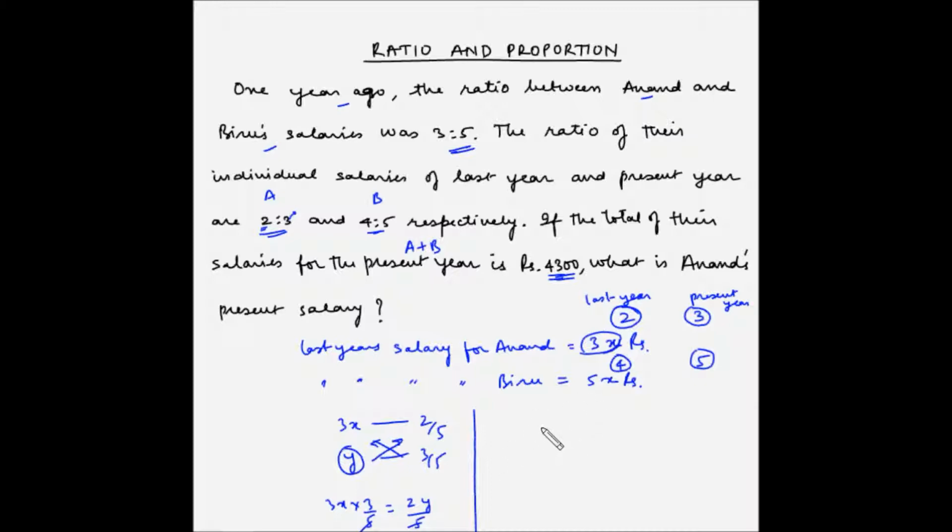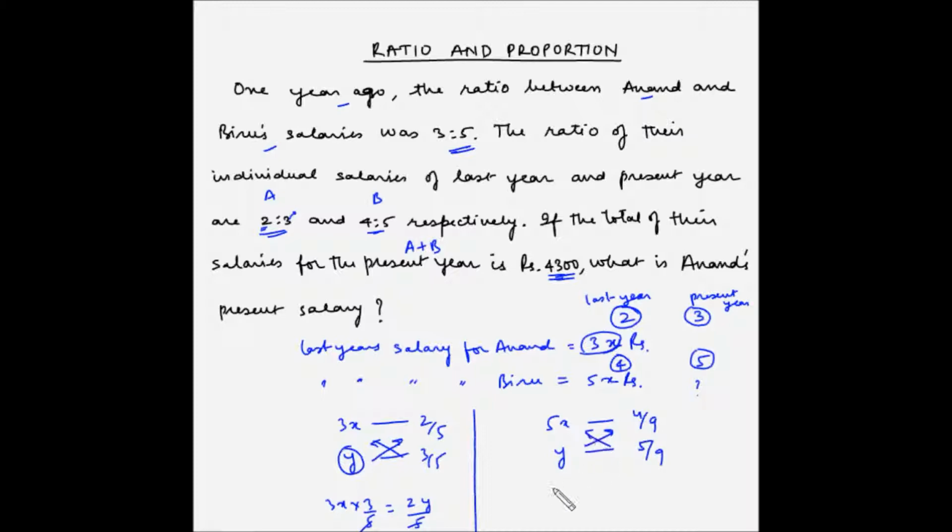Similarly for Biru, 5x equates to 4 by 9. 9 because 4 plus 5 is 9, and 5x is same as 4 parts out of 9 parts. So y is 5 parts out of 9. And the present year's salary is 5 out of the 9 portions if we added Biru's last year plus this year's salary.